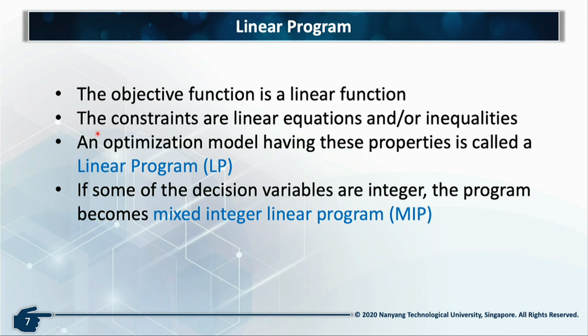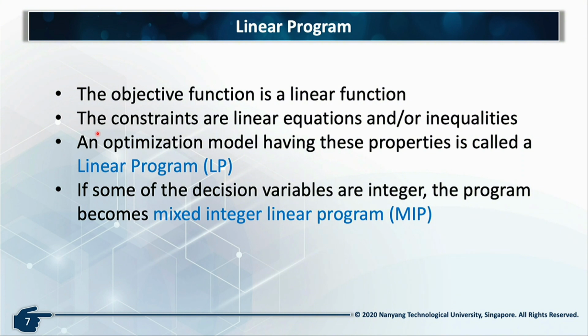And then in the previous example, maybe some of you may raise the concern, hey, Prof, you cannot produce 2.5 chairs, right? Now, that implies that those decision variables might be integer variables. Integer means that you can only take a value of 1, 2, 3, 4, 5.